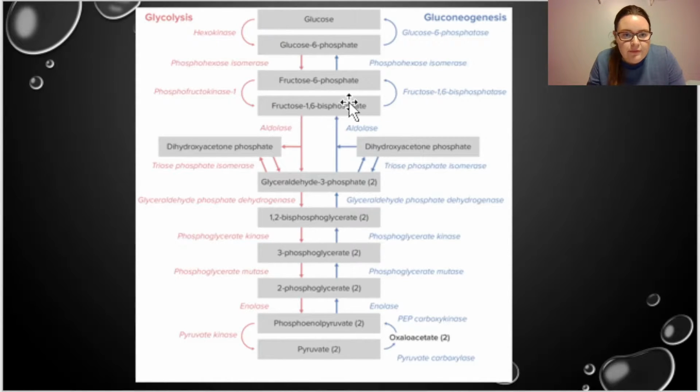We also have aldolase here in gluconeogenesis, going from G3P and dihydroxyacetone phosphate up to fructose 1,6-bisphosphate. Aldolase is in the same spot in both glycolysis and gluconeogenesis. Glycolysis wanted to split the sugar molecule, while gluconeogenesis wanted to take pyruvate and form sugar from it.